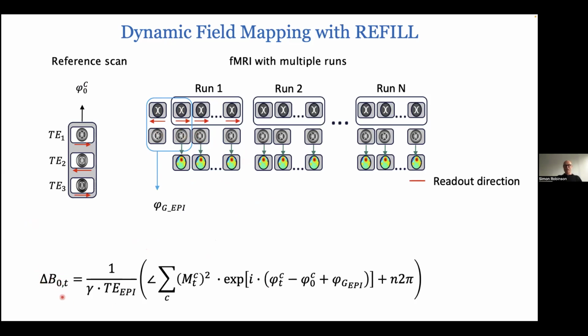So we have that our time series of field maps is derived from the phase offsets, which we get from this reference scan. And then we have this phase gradient from EPI, which we get from this initial readout reversed volume. And then the only other factors left here are the phase of each time point, the magnitude of each time point, and then this integer here, which we get from unwrapping the phase data.